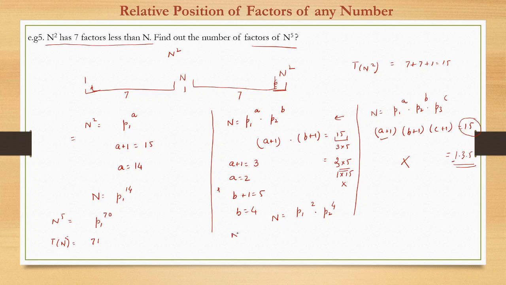Here n^5 would be p1 raised to power 10 into p2 raised to power 20. So the number of factors of n raised to power 5 would be 10 plus 1, 11, into 20 plus 1, 21. So this becomes 11.